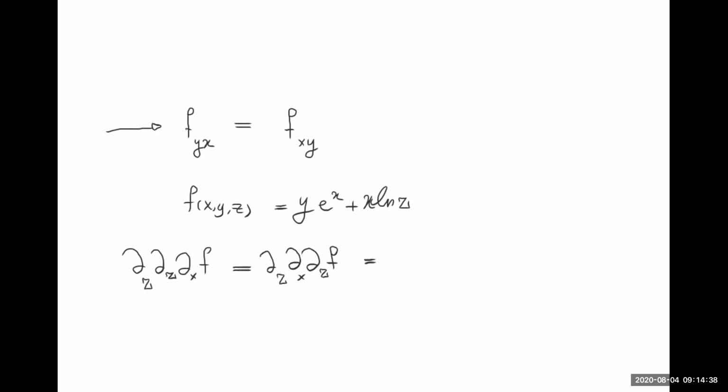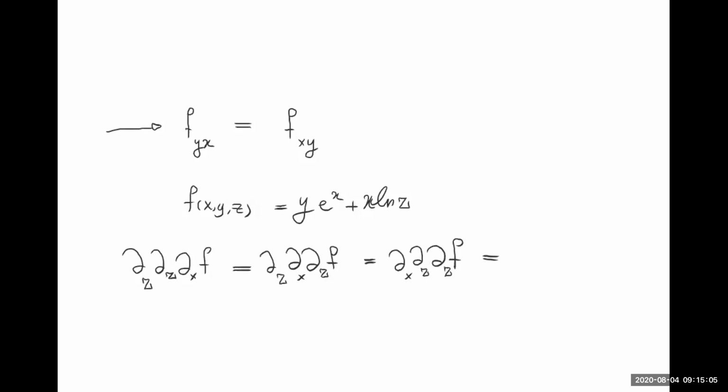Or it would be the same as taking the derivative with respect to z, then z again, and then x. So it doesn't matter really in which order we take the derivative. The only thing which matters is that we take the derivative with respect to z twice, and with respect to x once.